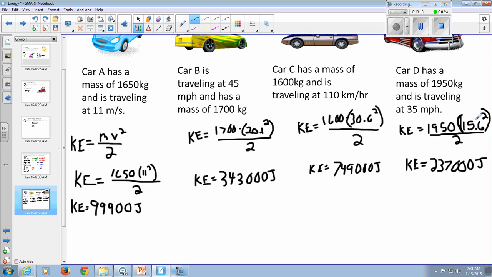But because it's not moving at a relatively high rate of speed, it doesn't have the same velocity as car B and car C. Now, it is moving at a higher rate of speed than car A, and it not only has a higher mass, but it also has a higher velocity. So predictably, it's going to have a higher kinetic energy than car A. So understand how mass affects kinetic energy, and understand how velocity affects it exponentially.